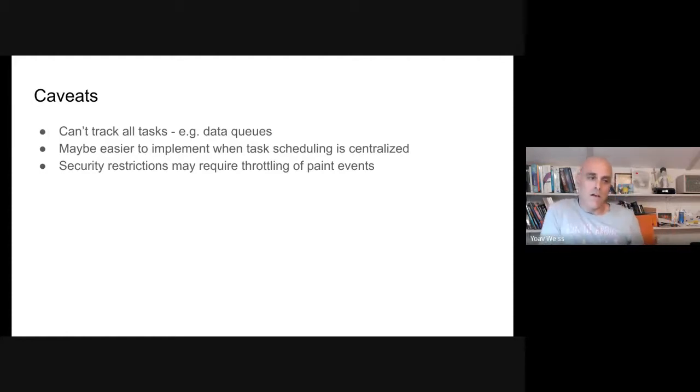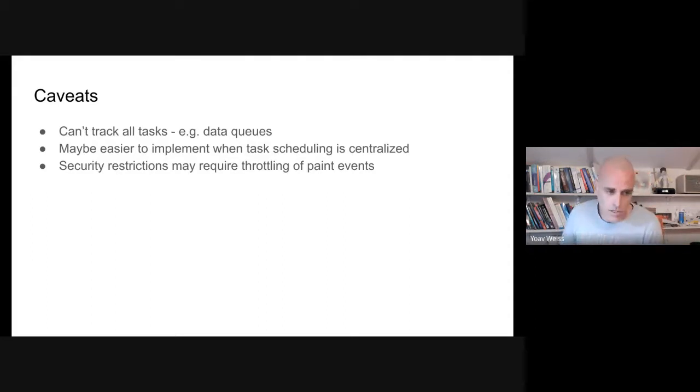And then finally, if we wanted to expose paint events as a result of this paint correlation tracking for those soft navigations, there may be security restrictions on the number of paint events we can expose in a certain amount of time, to avoid developers gaming this somehow and trying to get more paint events than they should in order to, for example, sniff out visited links.